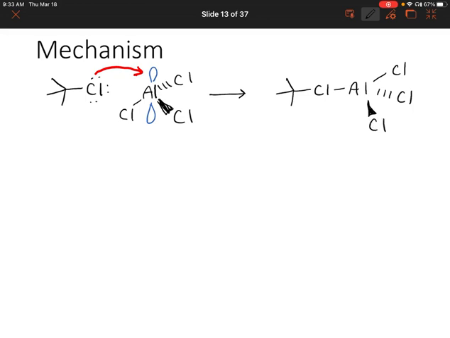So once we've formed our adduct, aluminum becomes negatively charged, chlorine becomes positively charged, and what's naturally going to happen is the shared electrons between chlorine and our alkyl group are going to move over to chlorine.